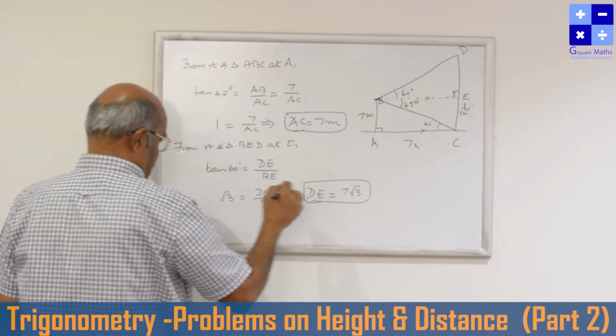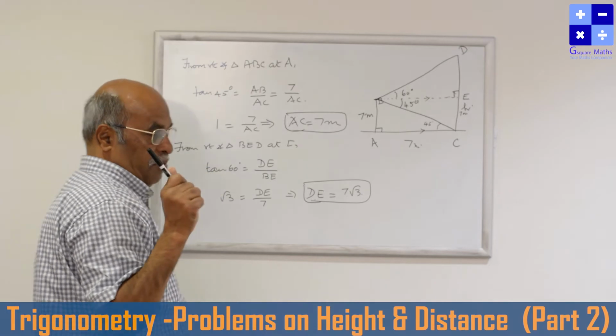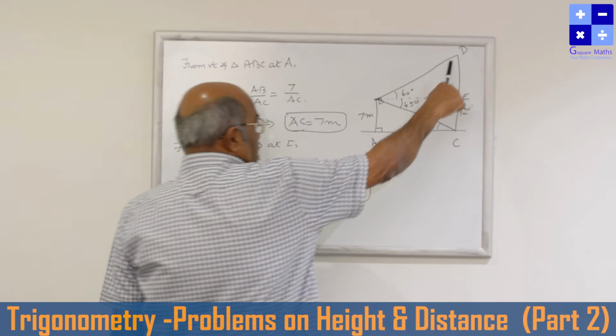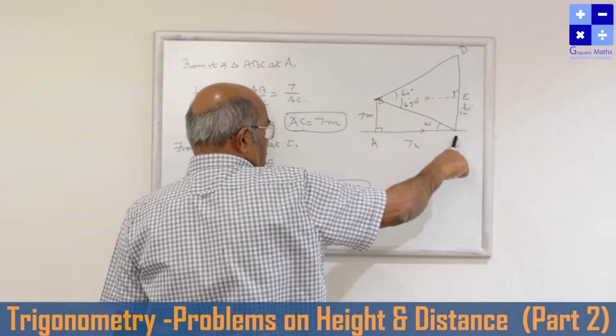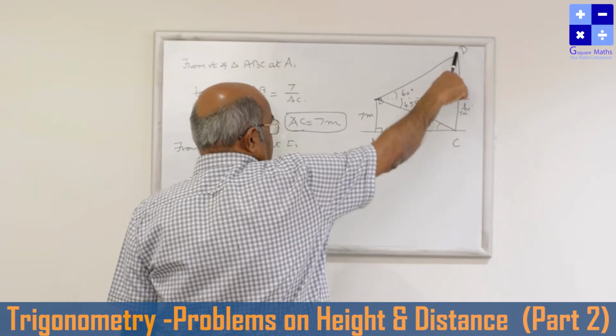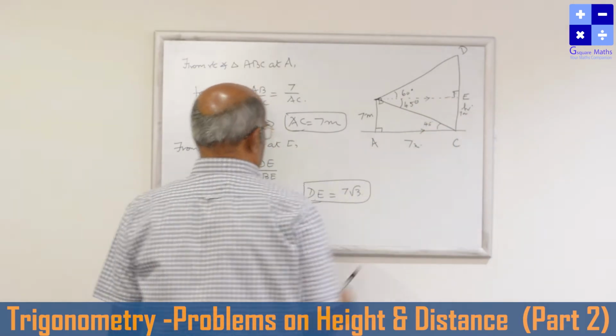Dear children, DE is not the height of the cable tower. DE is this portion and EC is this. So the total height of the cable tower is DC. DC is nothing but DE plus EC.